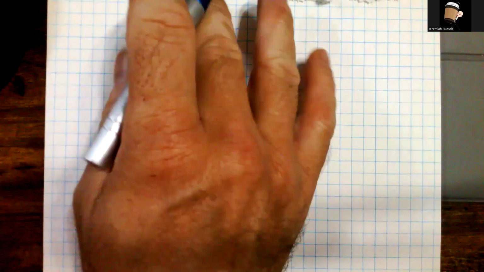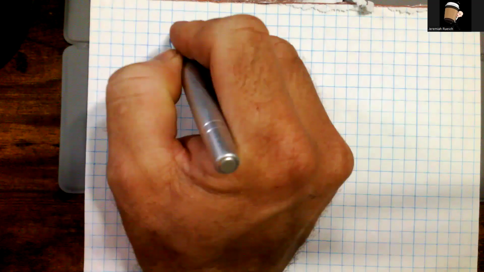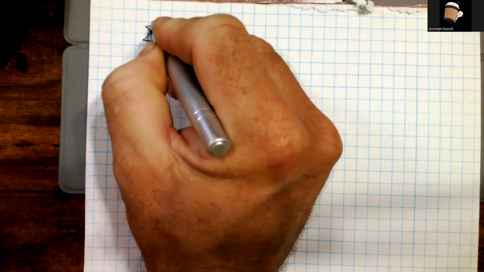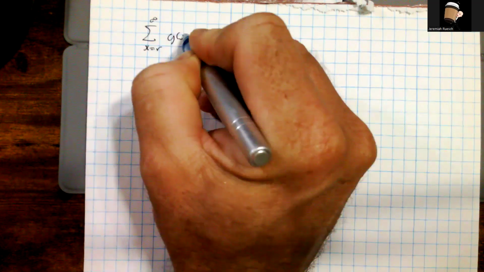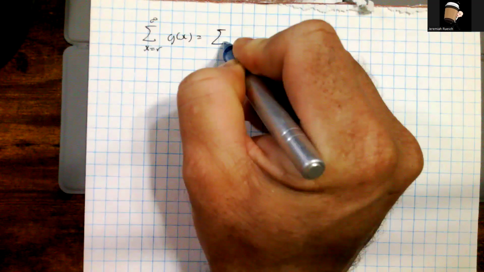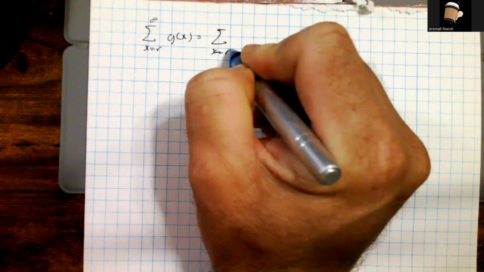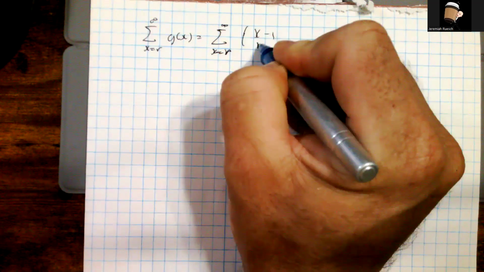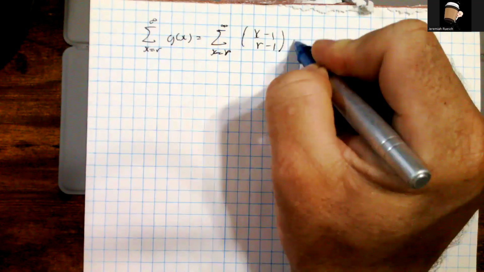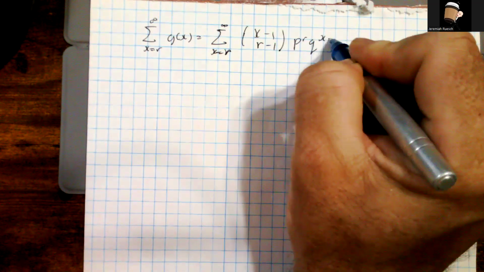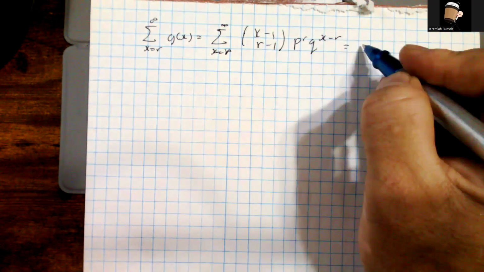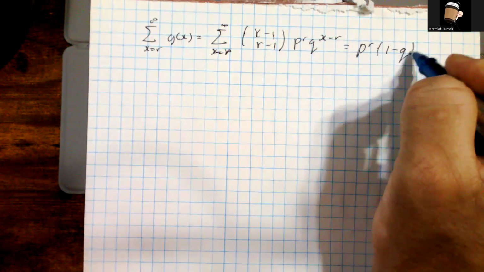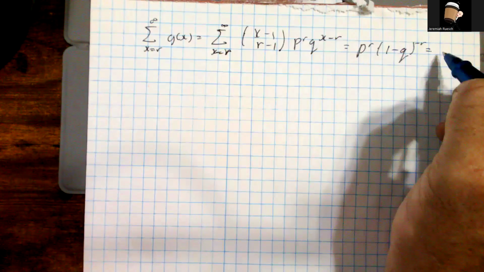So if we go back to our function g of x, the sum of x equal to r to infinity of g of x is equal to the sum of x equals r to infinity of (x minus 1 choose r minus 1) p to the r, q to the x minus r, which is equal to p to the r times 1 minus q to the negative r, which is equal to 1.